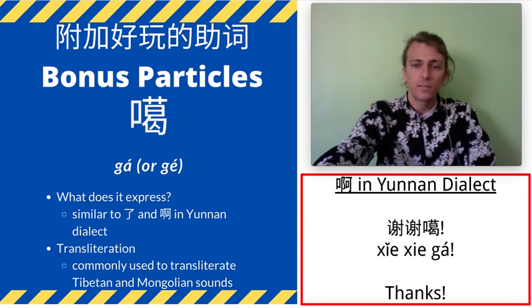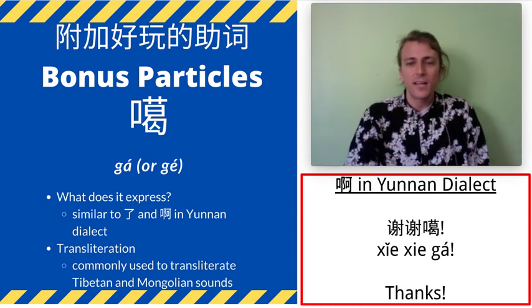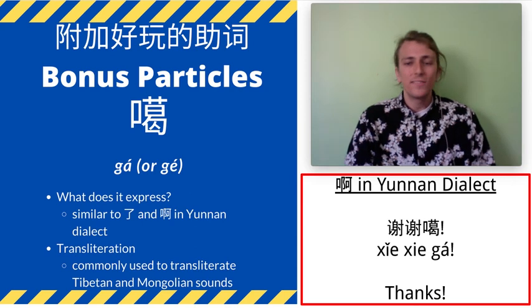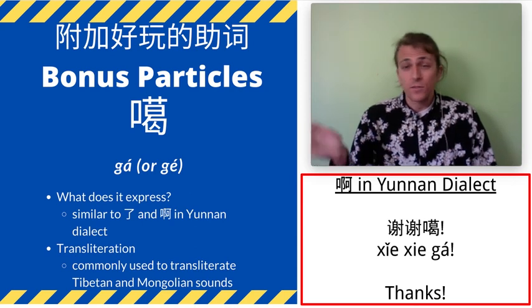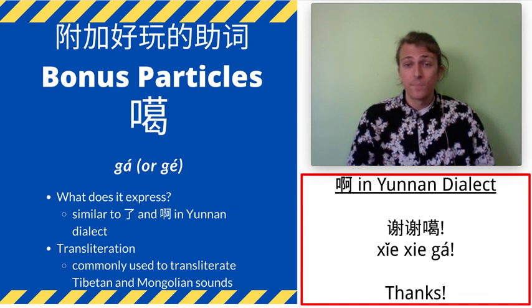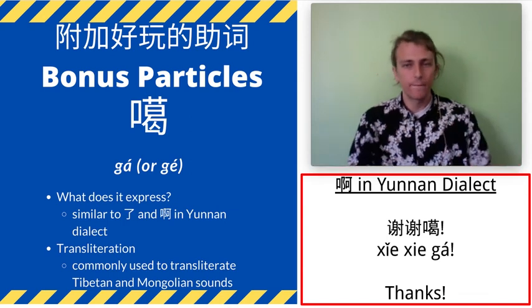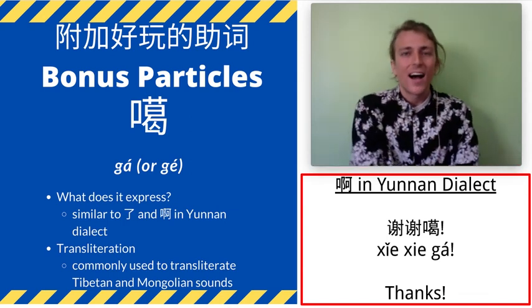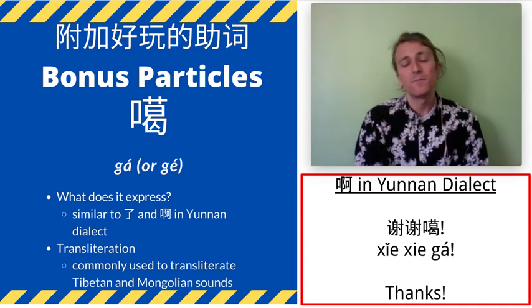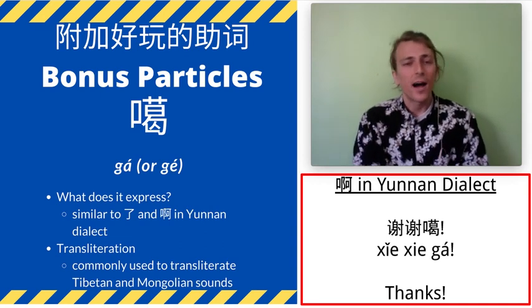Let's see, one more example for you is 谢谢ga, 谢谢ga. So like in that example, it's also just ah. So 谢谢ga means thank you with a little extra oomph of an exclamation. I like ga better than ah though because I learned Chinese in Yunnan, but also because I just love the sound of it.